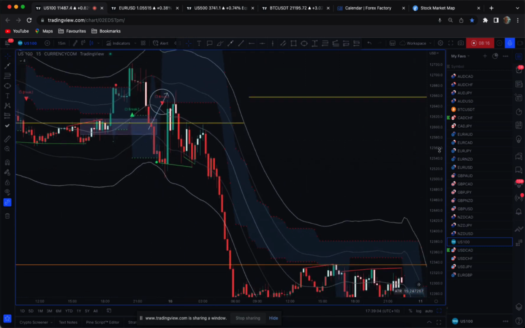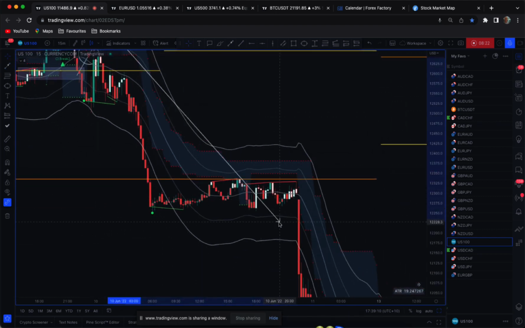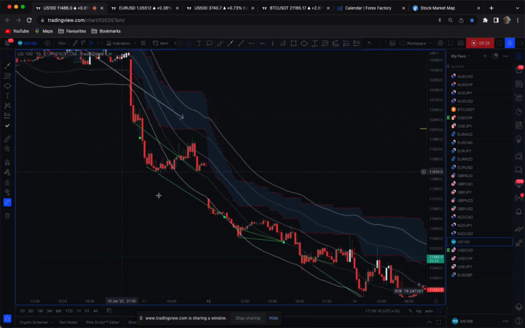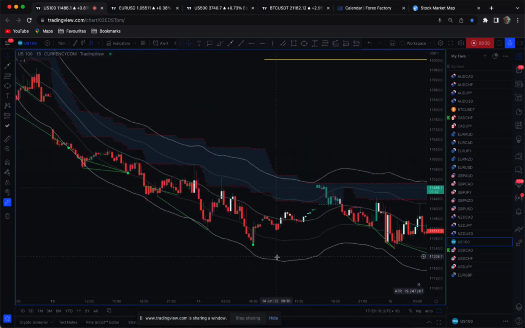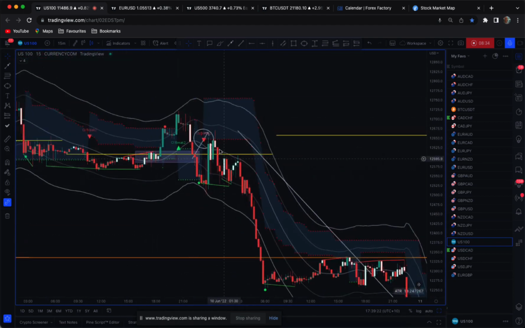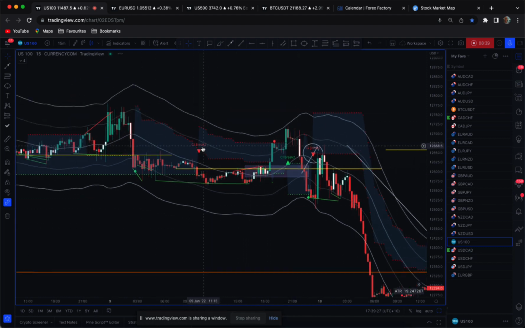It doesn't really matter because the pips absolutely add up. Look at this. This goes on and on and on. However well you read the chart, that's a lot of pips we're talking. And this signal gives us the opportunity to get in right at the top of the move. All right, there it is again.